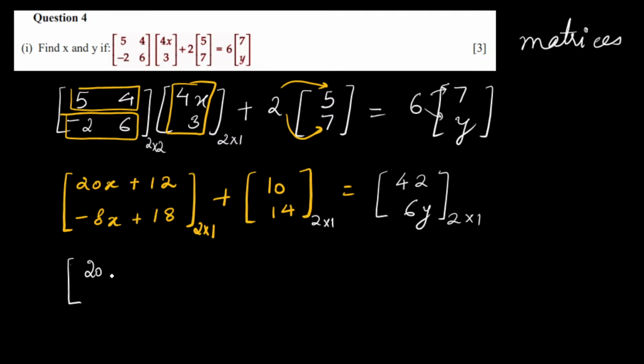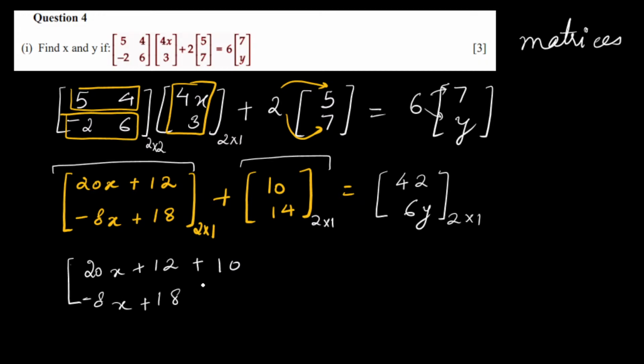So 20x plus 12 plus 10. I'm adding two matrices here. This one I'm adding with this. Their corresponding elements we can add. Now minus 8x plus 18. This element we can add with the second element 14 of the second matrix. Then 42 and 6y.